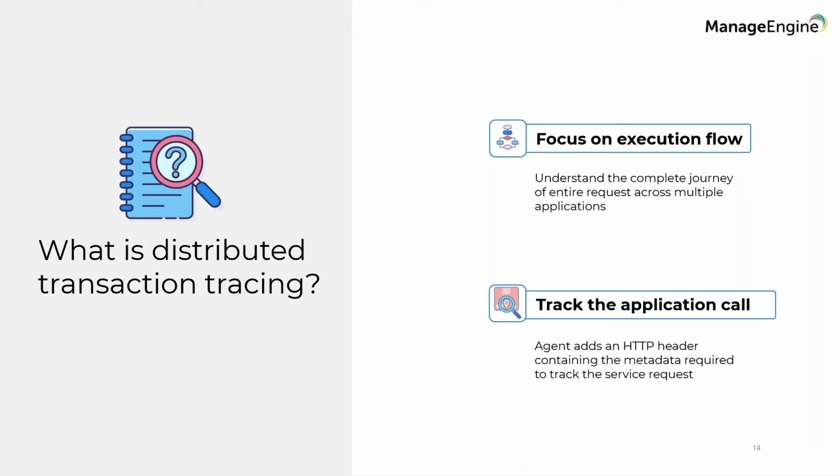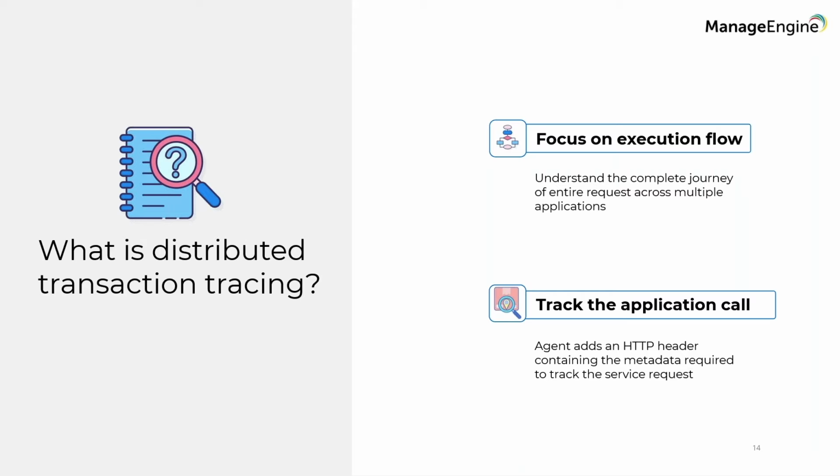So let me explain how this distributed transaction tracing works. Say, for example, when your application or service makes an API request to another application or microservice, the APM Insight agent adds an HTTP header containing the metadata required to track the specific service request.